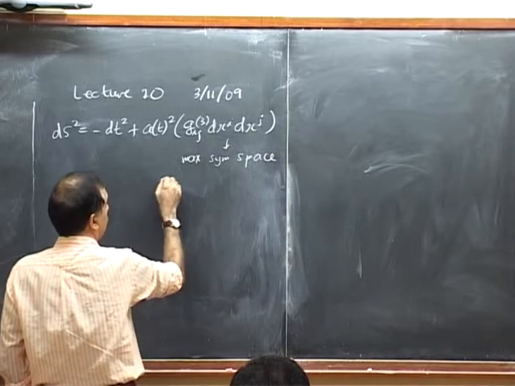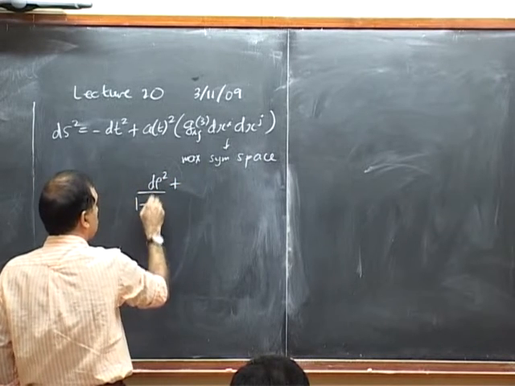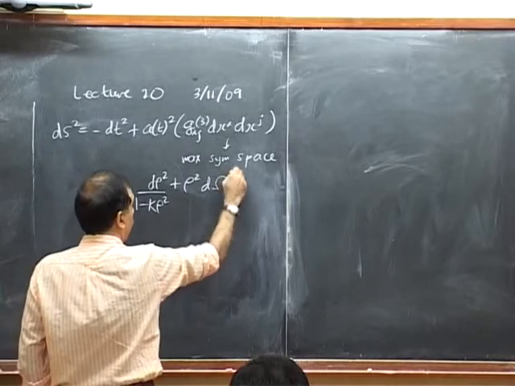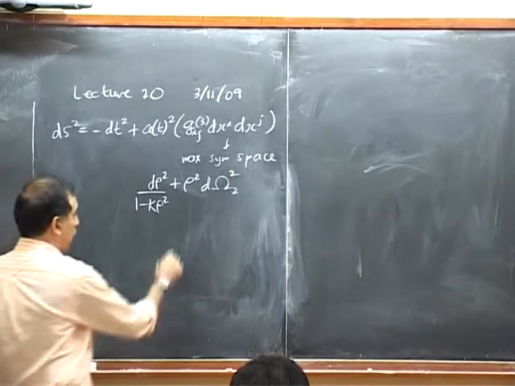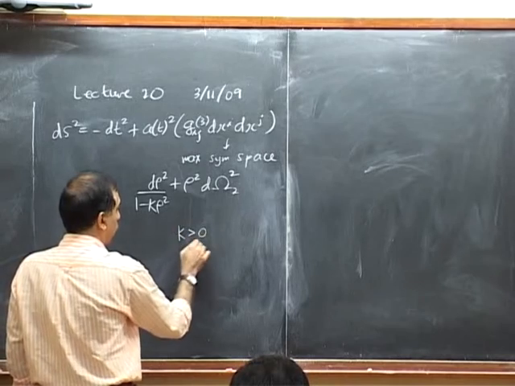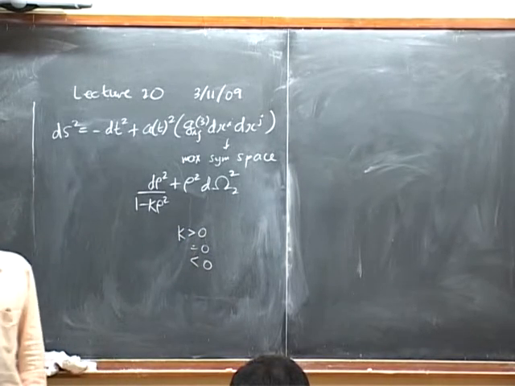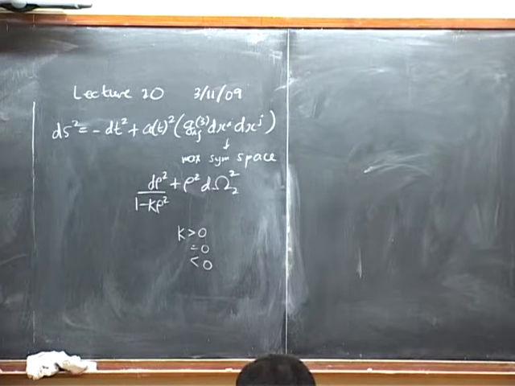You can write it as d rho squared over 1 minus k rho squared plus rho squared d omega squared. So there's no mystery in this maximally symmetric space. And k is positive or 0 or negative. It can be scaled to the values plus 1, 0 or minus 1. And that's the situation we have here.